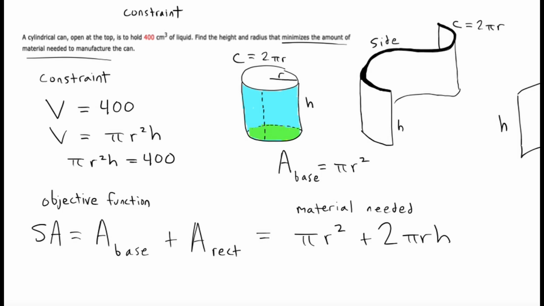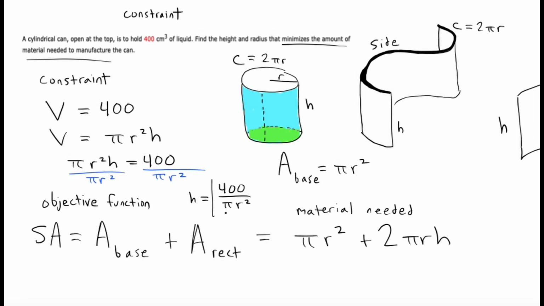All right, now we can divide in order to solve for one of these variables. I think I'll just solve for h here. So I'm going to divide both sides of the equation by pi r squared. And that'll reveal then that h is 400 over pi r squared.